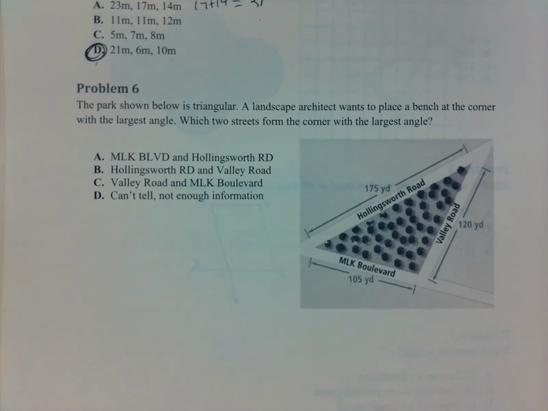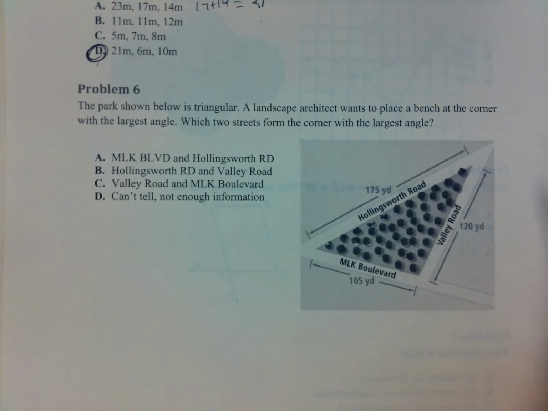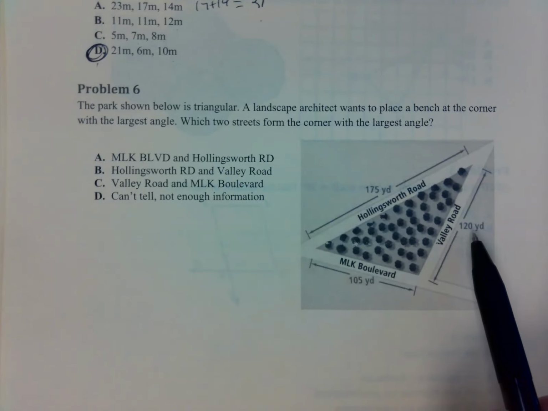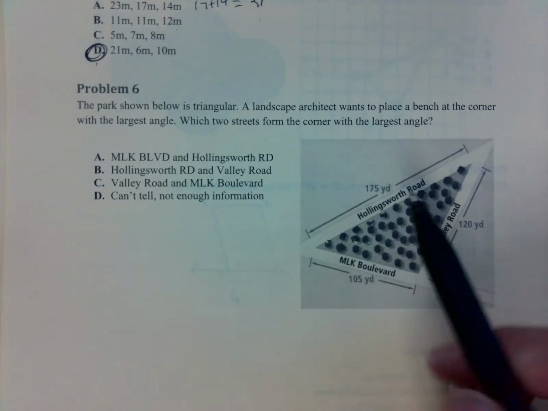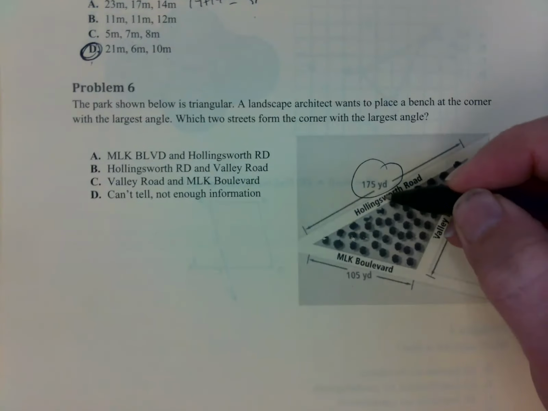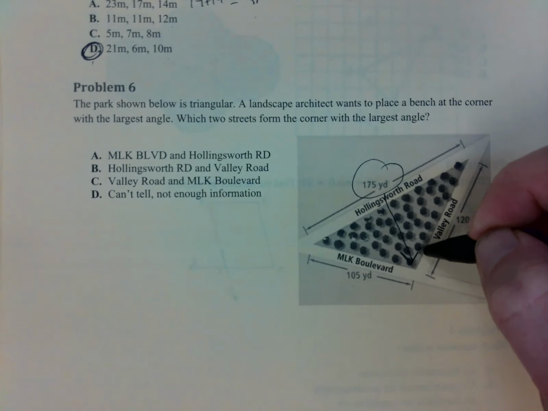And last but not least, the park, shown by the triangle below, is triangular. A landscape architect wants to place a bench at the corner with the largest angle. Which two streets form the largest angle? Remember, in a triangle, the largest side has the largest angle straight across from it.